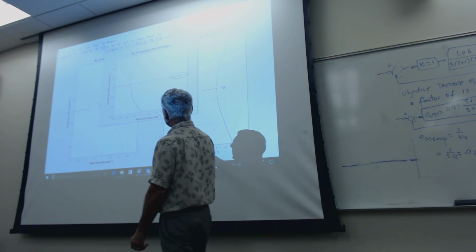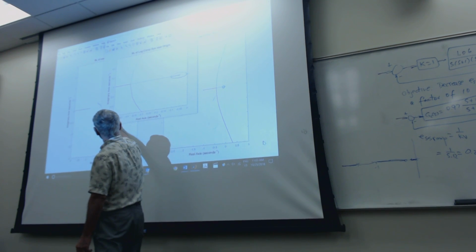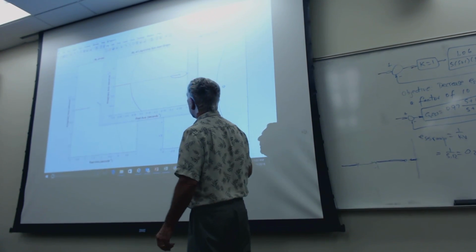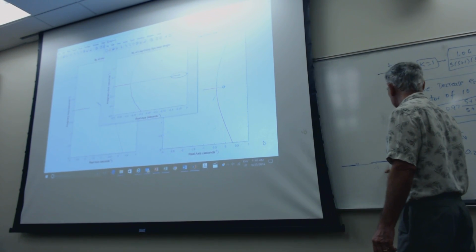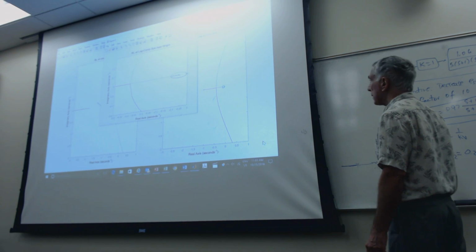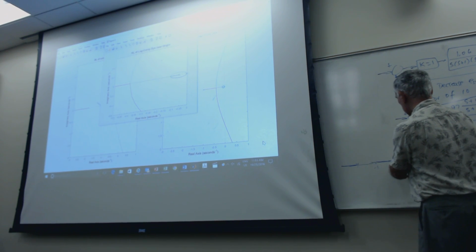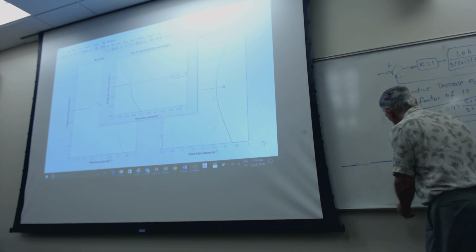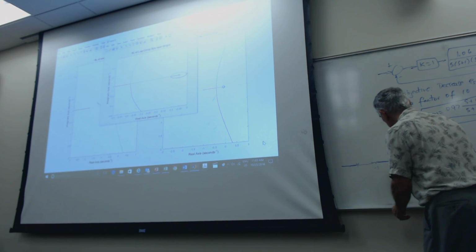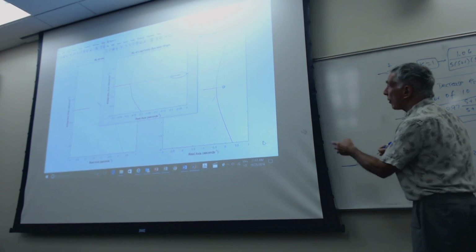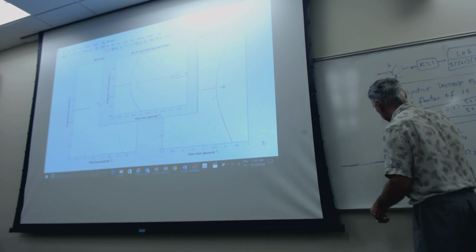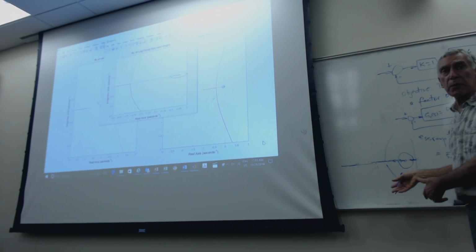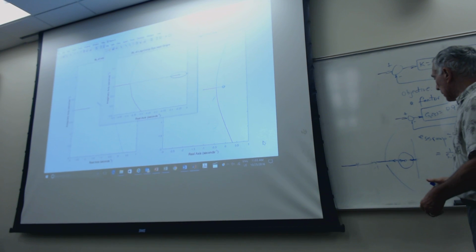And so you see, it just goes out to -0.5. From the origin there, it goes up to -0.5. One is coming around like this, the other one's coming around like this. One goes that way, another one goes that way, and then it breaks away. One goes up like that, one goes down like that. So you can see that there will be some asymptotes involved, and you can find the angles of the asymptotes if you needed to.